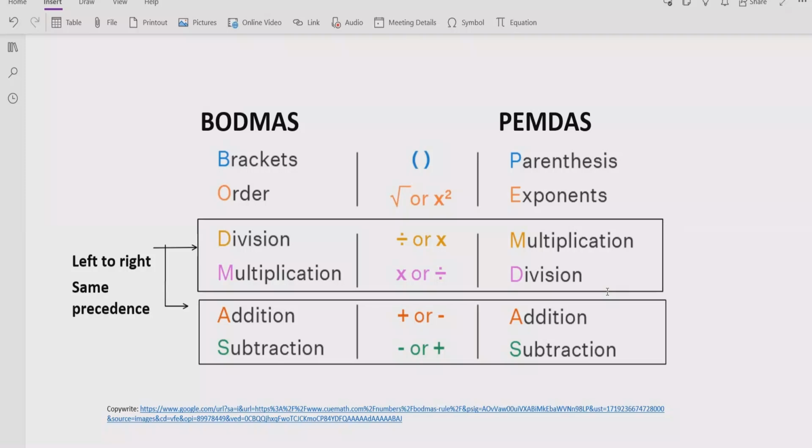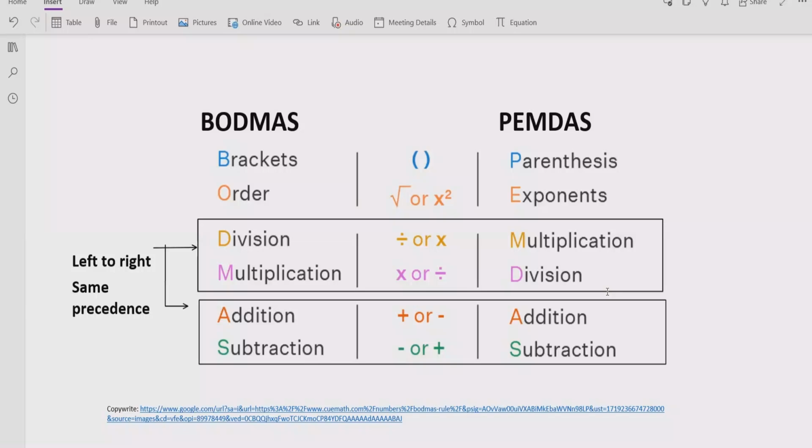After that, you have to go to the exponent and solve the exponent and order of operation. Similarly, in step number 3, you have to go left to right in your expression and find multiplication and division. If division is coming first, either you are using PEMDAS or BODMAS, you have to solve that part first in your expression.